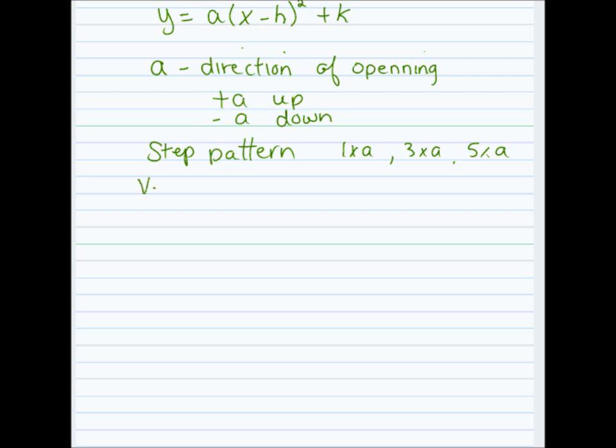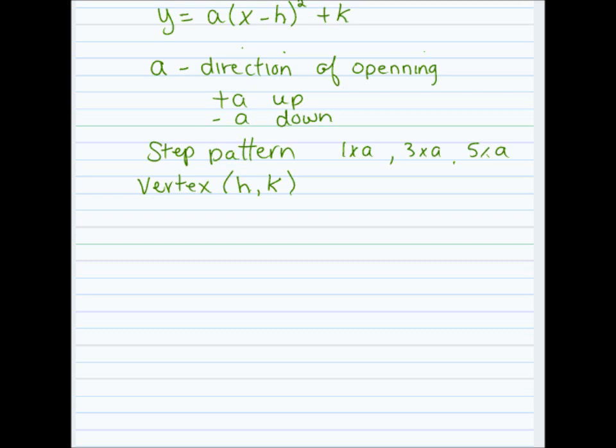So whatever these values are, 1, 3, 5 gets multiplied by a. Your vertex is always (h, k), and be careful because that h value will actually change its sign. Then from this we know a couple things.